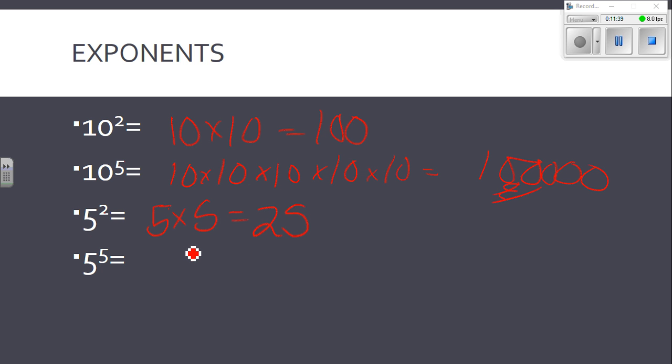25. And then here we have 5 to the fifth power, which means we're going to multiply 5 five times. 5 times 5 is 25. 25 times 5 is 125. 125 times 5 is 625. And then one more 5.